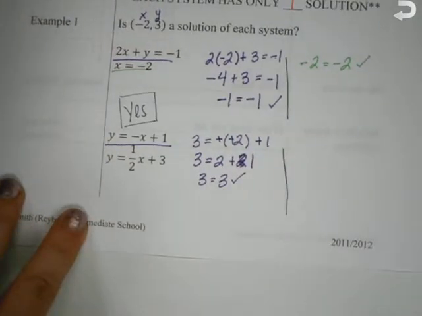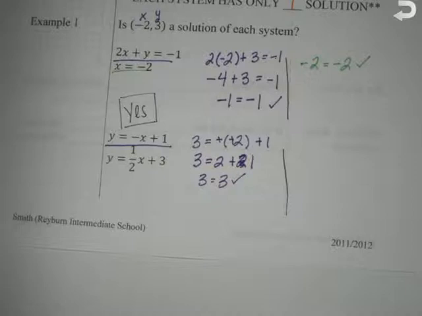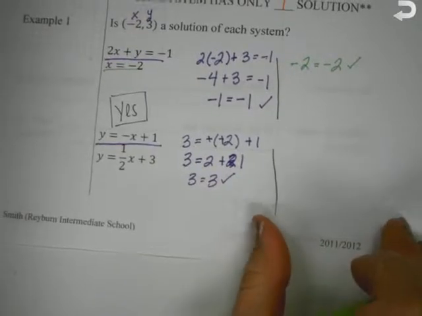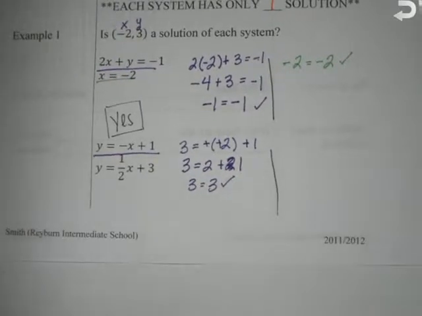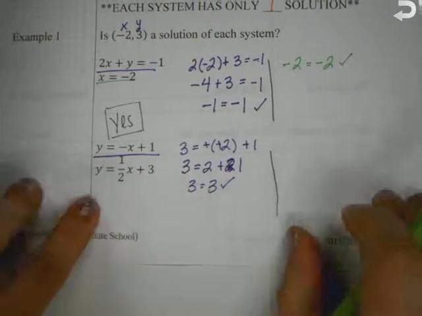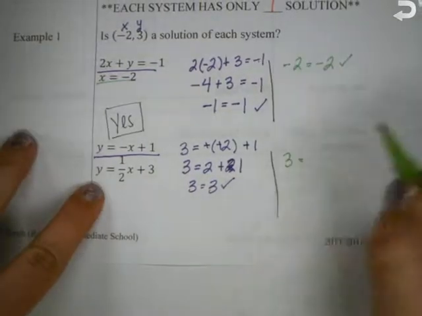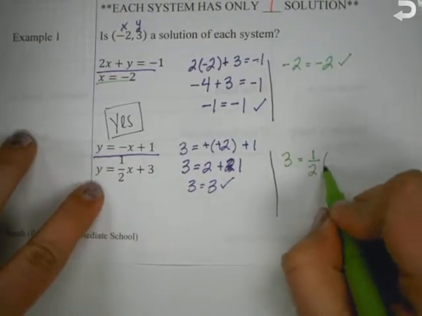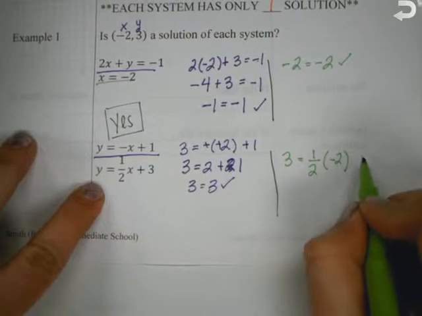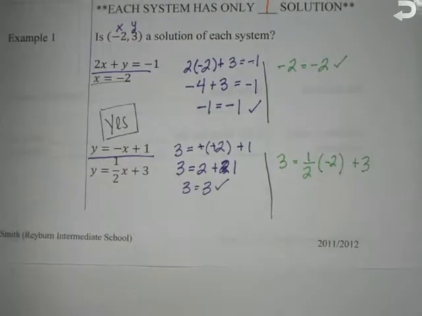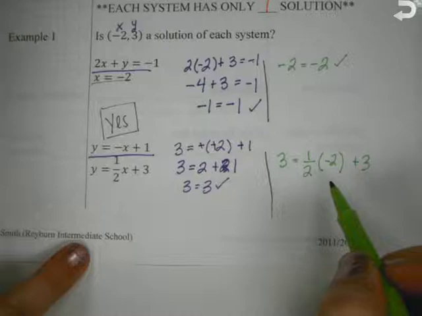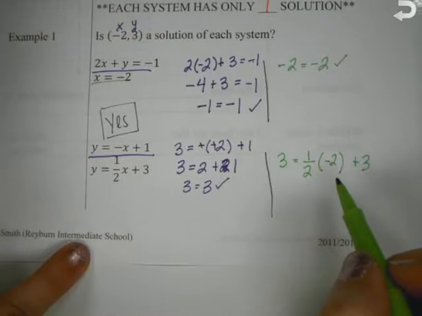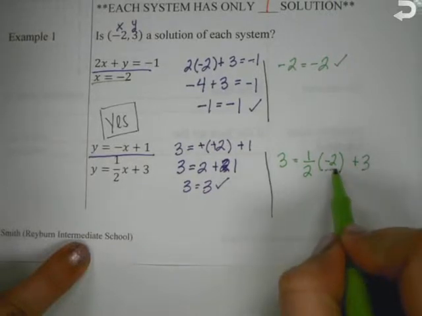Now let's plug in (-2, 3) to the second equation. So I get 3 equals 1/2 times negative 2 plus 3. All I did was plug it in so far. Okay, 1/2 times negative 2. What does that give me? It does reduce. 2 goes into 2 negative 1 times, so I get 3 equals negative 1 plus 3.